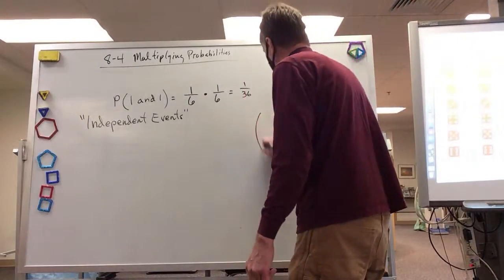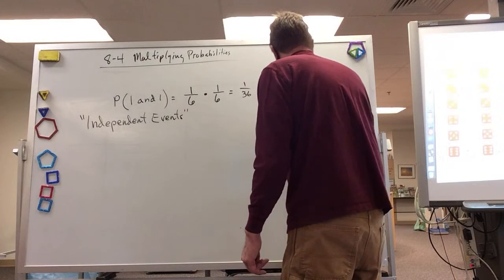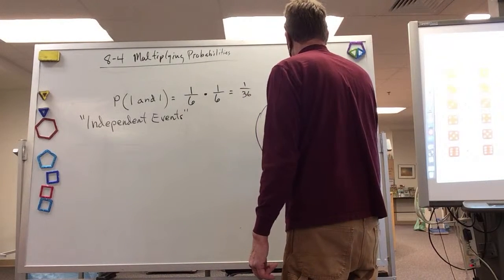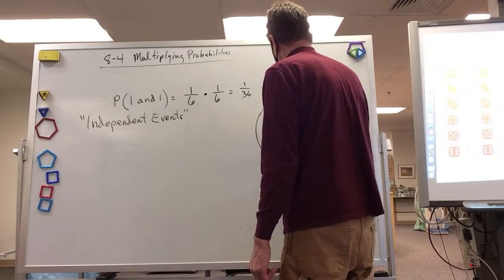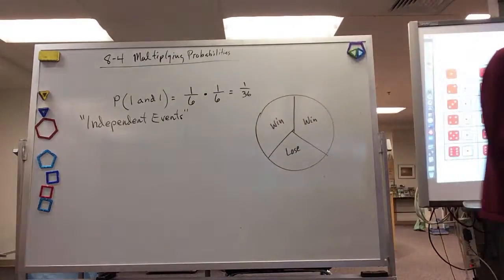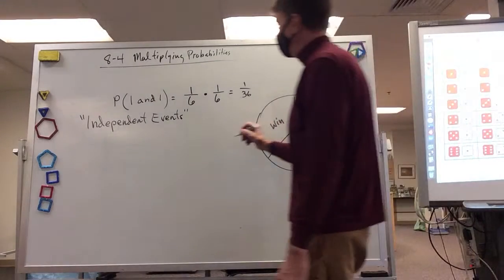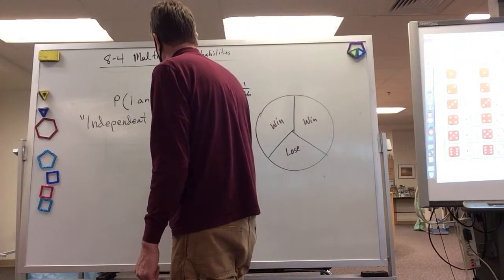With this stuff, they like to use spinners. Two-thirds, if in this case those were divided evenly. You might want to write this down.